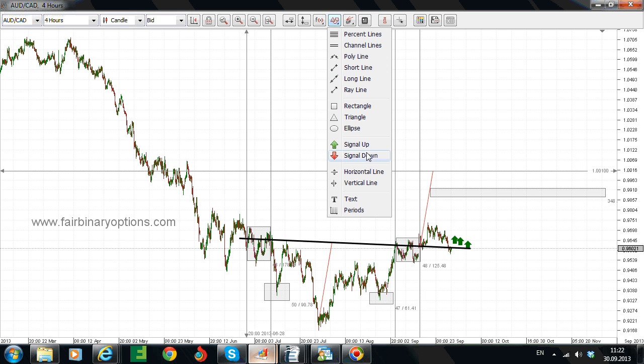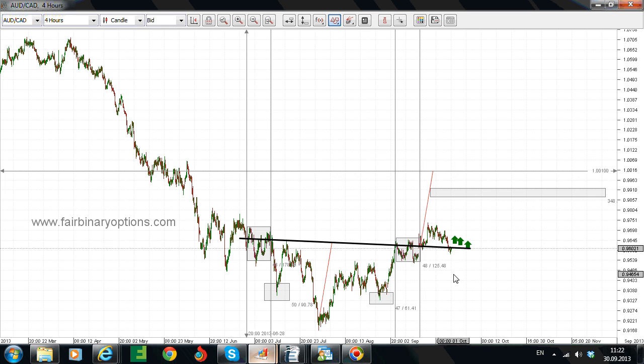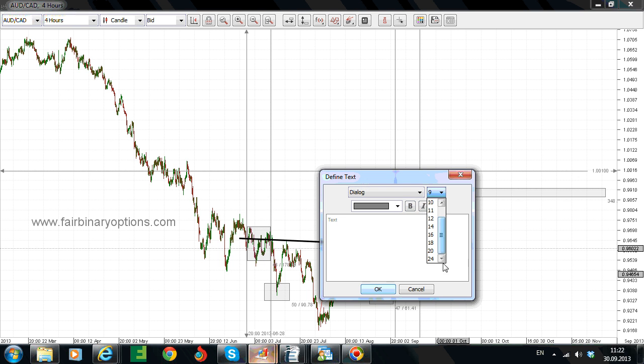This is a bullish scenario, and whenever you are looking at a bullish scenario, again, we are looking to buy calls for the measured move.